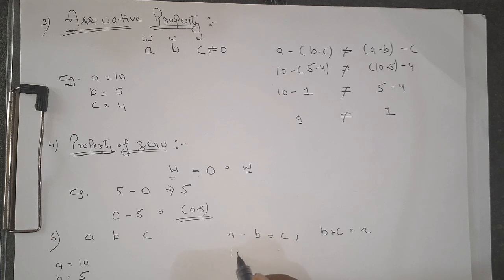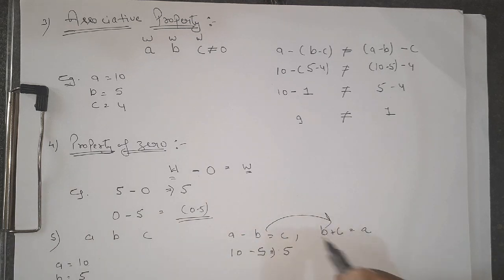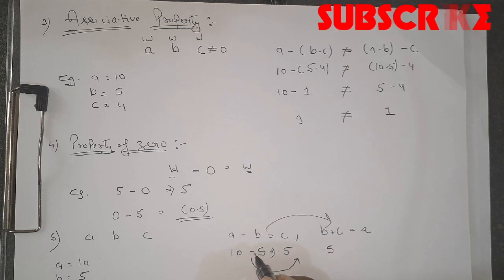So a minus b, that is 10 minus 5, is 5. Now b plus c: if we move this minus 5 to the other side, it will become positive. So 5 plus 5 is 10, and this 10 is a, and this is also a. So this is how the property of subtraction ends.